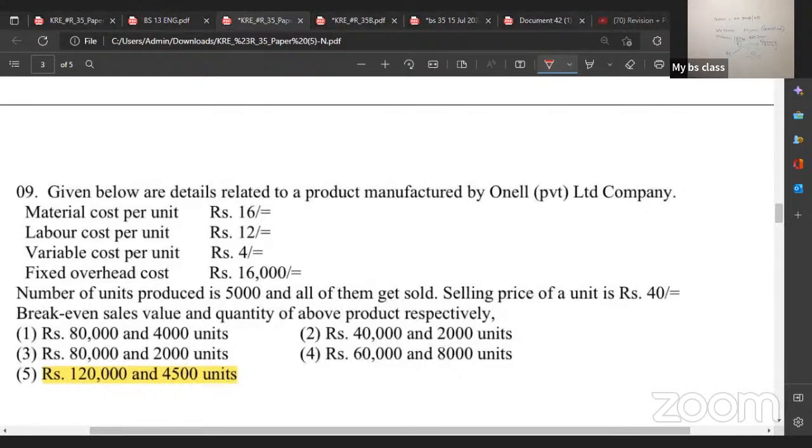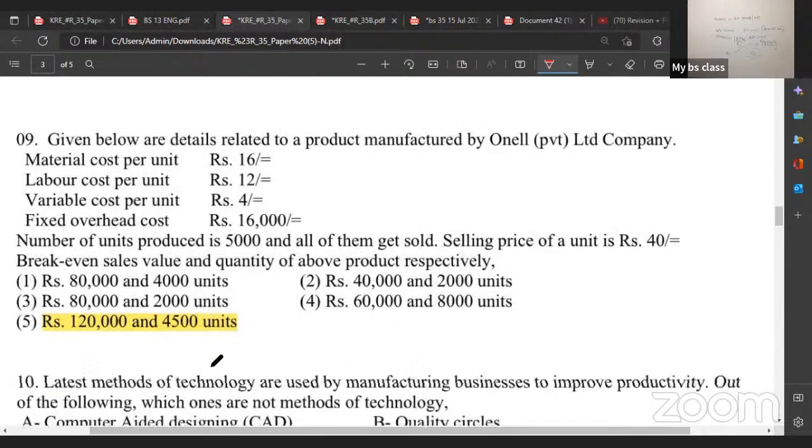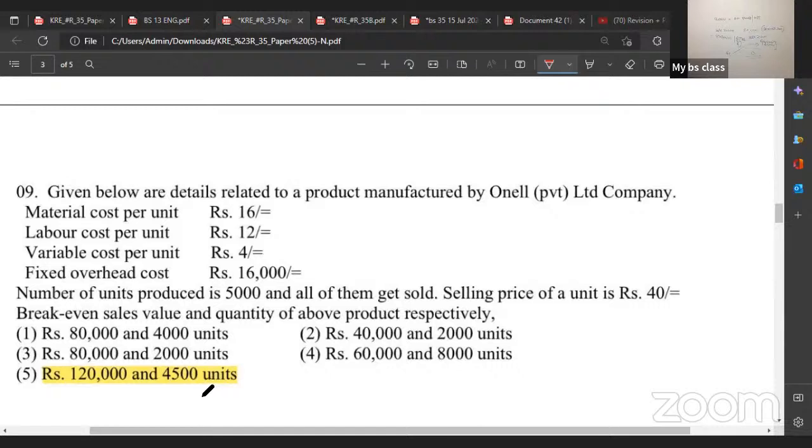So you just take variable cost as just 4, right? You took it like that. That means 40 minus 4 is 36. 16,000, 36. I don't understand, guys. Can you please explain how you took this 120,000 and how you end up with 4,500 units?